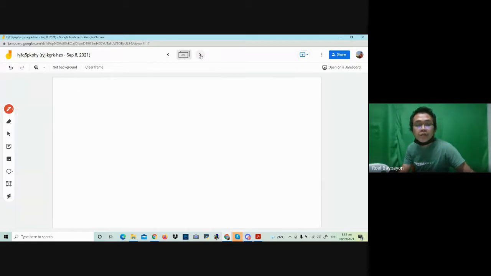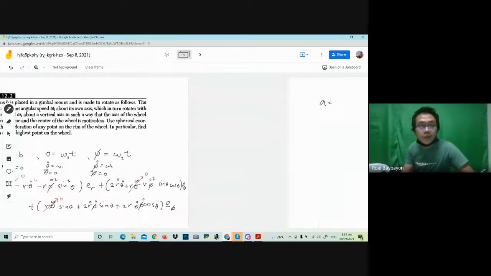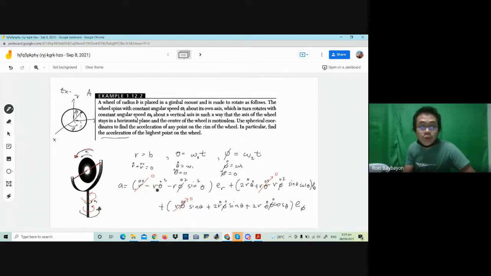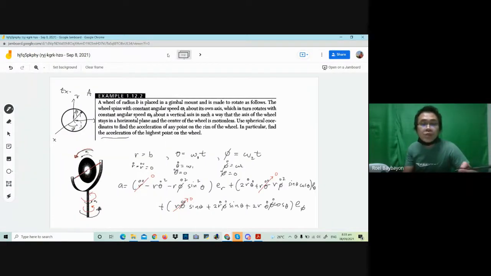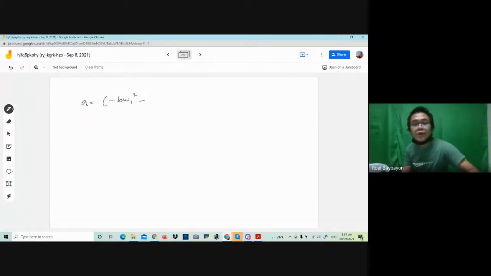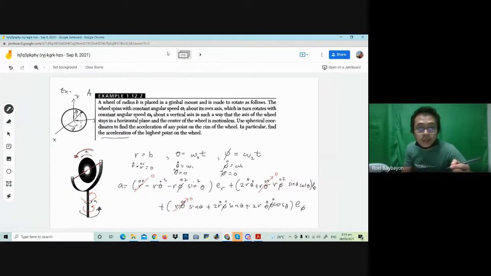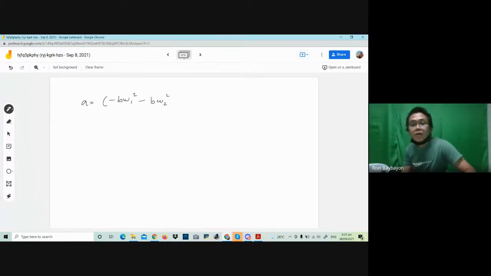So the acceleration now is equal to, first term is minus r theta dot square, so that is equal to minus b omega 1 square, minus b omega 2 square, because that's phi dot square, phi dot square sine square of theta.